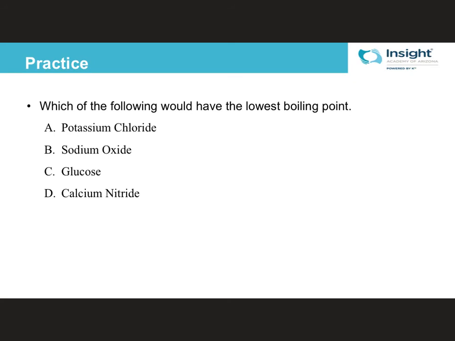And here's an example of something you can use those notes on. Which of the following would have the lowest boiling point? So first things first, here are our ionic compounds. Do they have high boiling points or low boiling points? Ionic has a high boiling point.